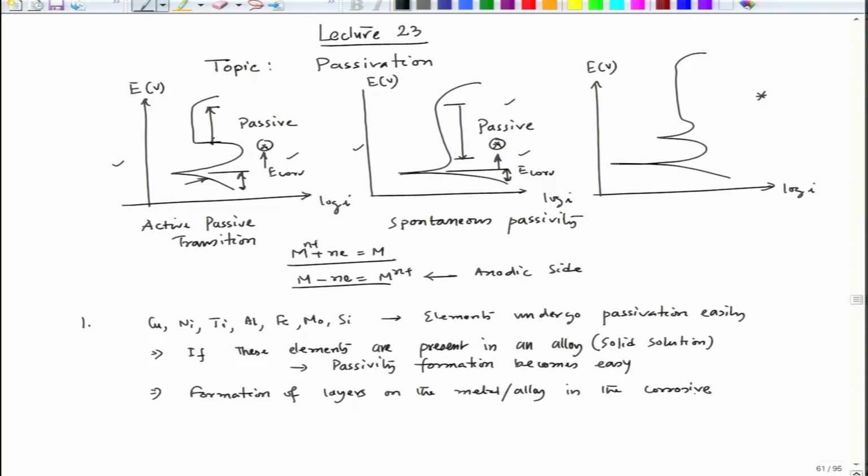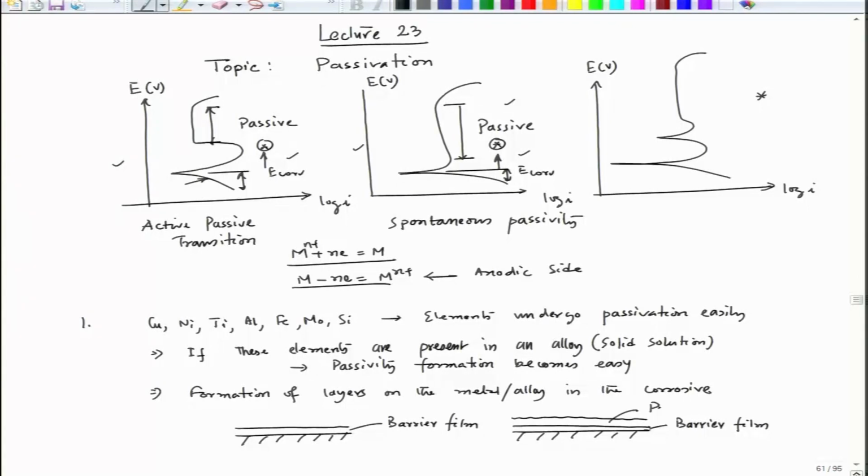And what happens in these cases? So, if this is the metal surface, I can have a barrier film formation. This is the barrier film, or one could have a barrier film on the metal surface and alloy surface. One can have a barrier film or layer. In addition to that, there could be a porous layer, porous deposit.